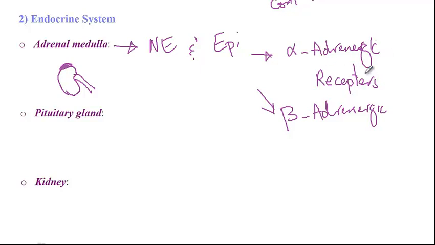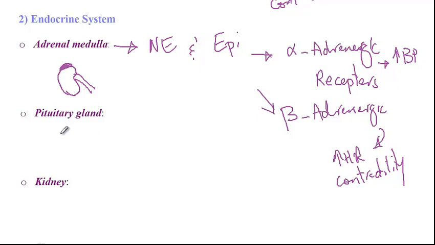And alpha adrenergic receptors cause vasoconstriction of the blood vessels, as a consequence of which blood pressure rises. Beta adrenergic receptors, on the other hand, increase heart rate and contractility.